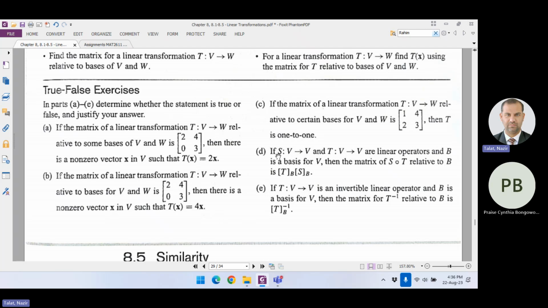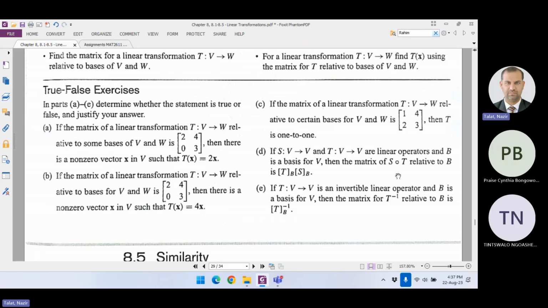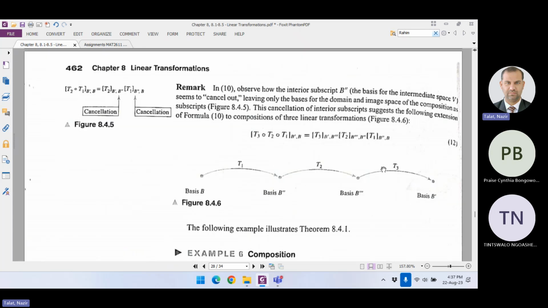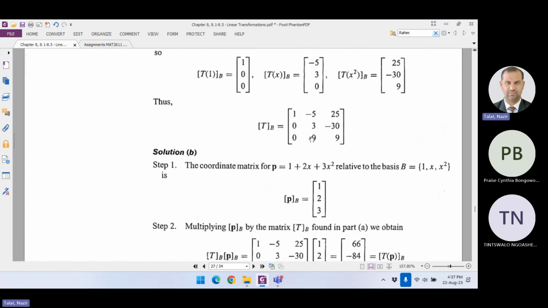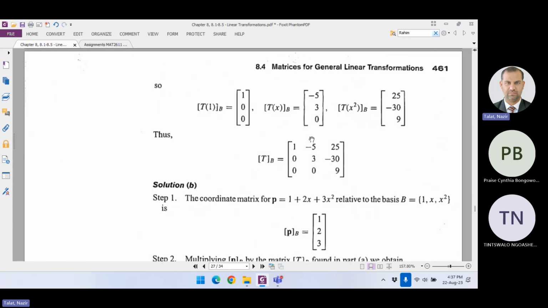And if S is a linear operator from V to V, and B is the basis for V, then the matrix of S composed with T relative to B and B is the matrix of S times the matrix of T. Remember that if we take its standard matrix, it takes that form.